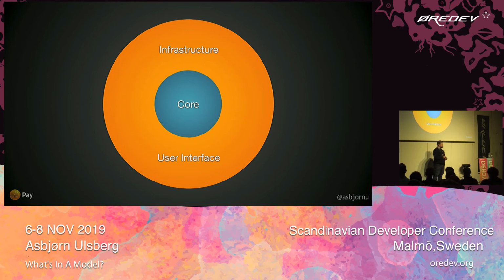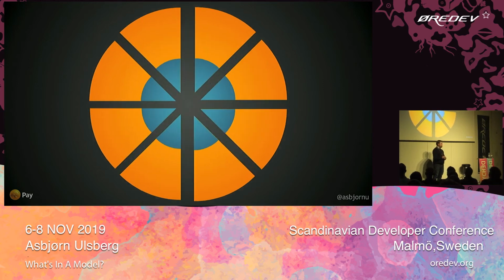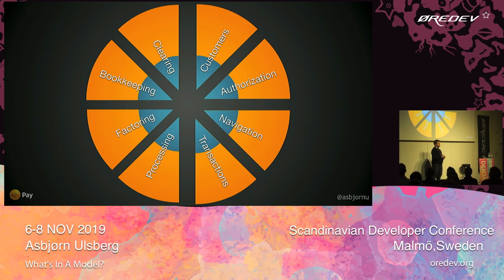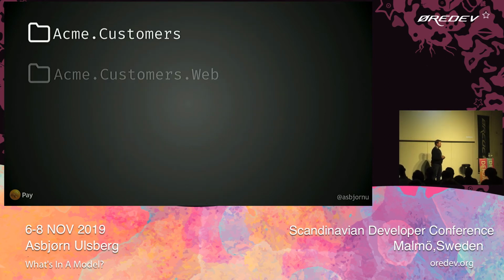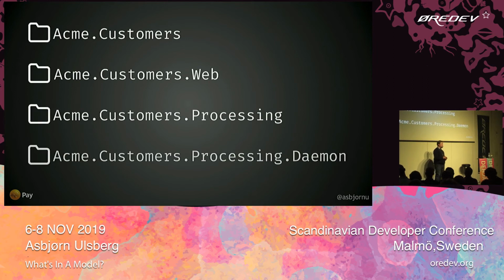If you slice the onion up in pieces, each slice represents a feature that has its own core domain model and a namespace grouping every related domain concept together. By grouping by feature and allowing the namespace to flow naturally from the core and out into the infrastructure layers of the application, we can allow namespace scoping to work to our advantage.